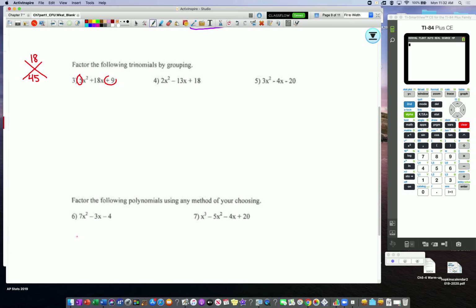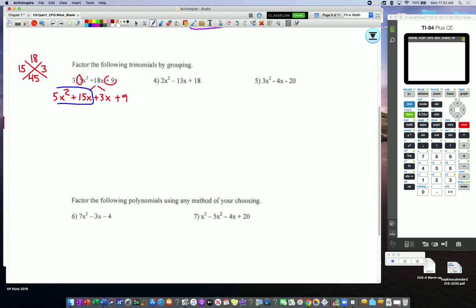I've got to play around with this and do some guessing and checking. But if I try 15 times 3, that actually does multiply to 45, and those two numbers add to 18. So I can rewrite this as 15x plus 3x. Bring down the 5x squared, bring down the 9, and now it's just like what I did up top.